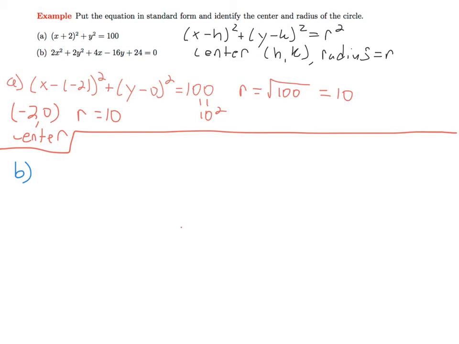So that means in B, we're going to take the 2x squared and group it with the 4x. We're going to take the 2y squared and group it with the minus 16y. And then we're going to move the 24 to the other side of the equation by subtracting 24. So we're going to group like terms first.